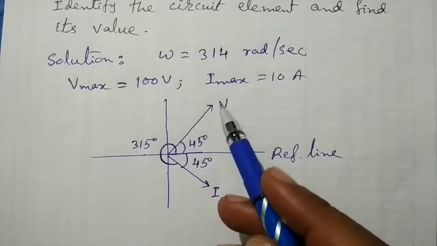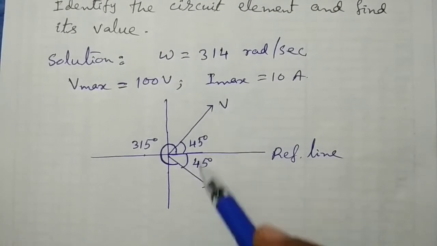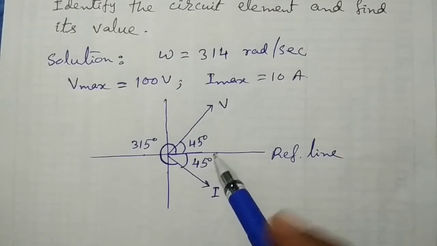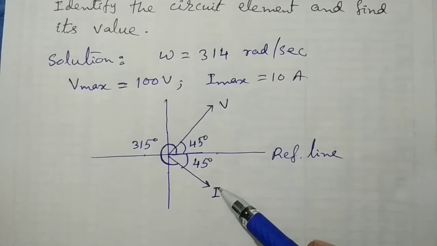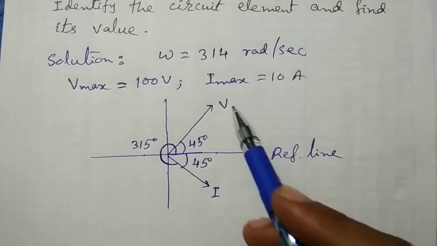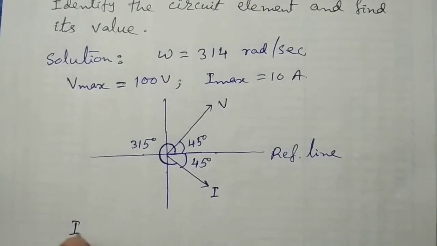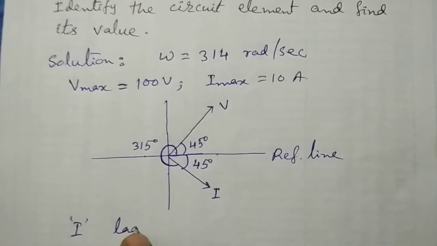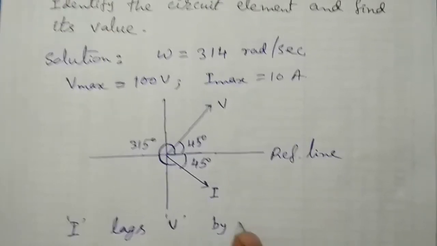Now if we consider the voltage and current relations, we can see that the angle between voltage and current is 90 degree because it is 45 plus 45. And with respect to the voltage, here the current is lagging. So here the current lags the voltage by 90 degree.